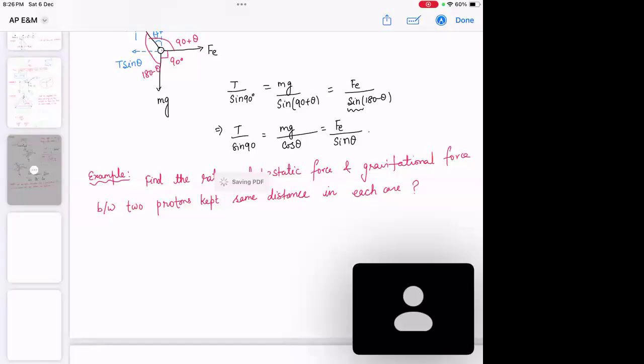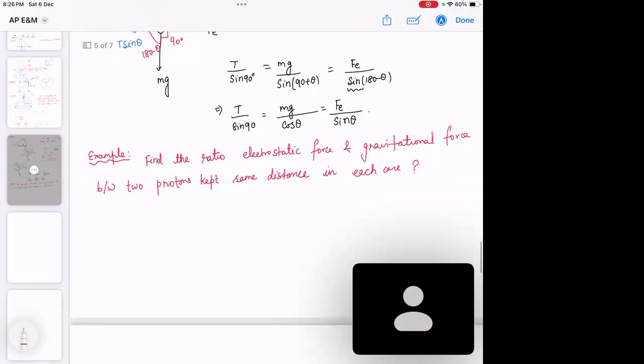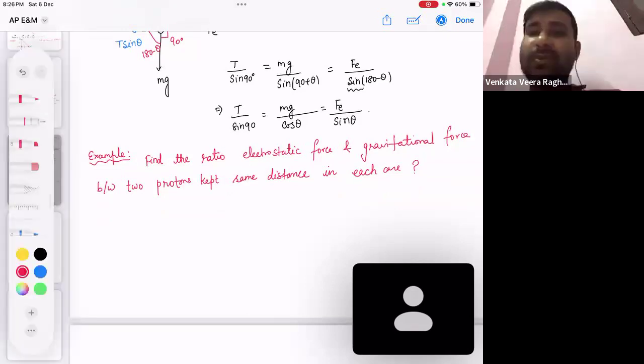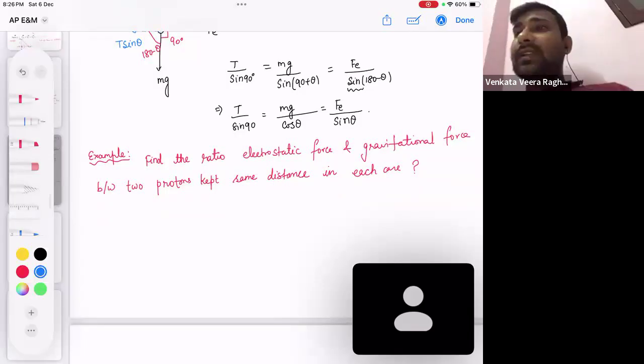Okay. See what is going to be the ratio. Why this ratio is important? Because that is going to give me a very nice situation.